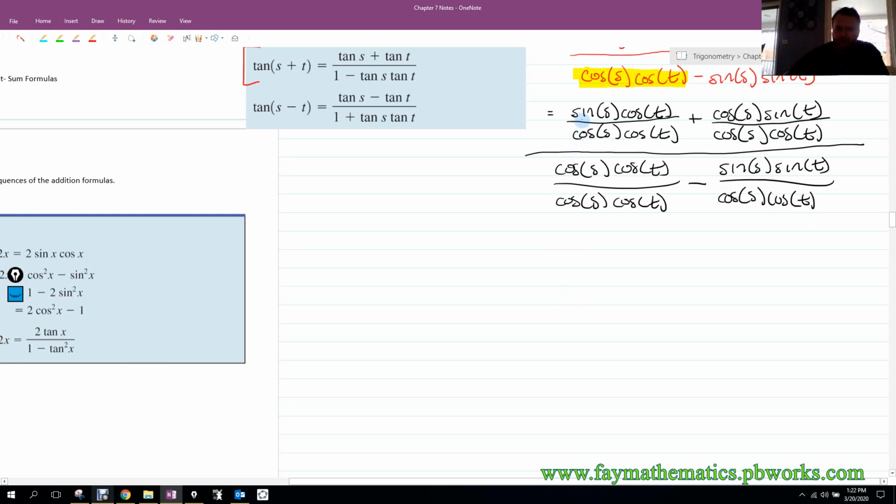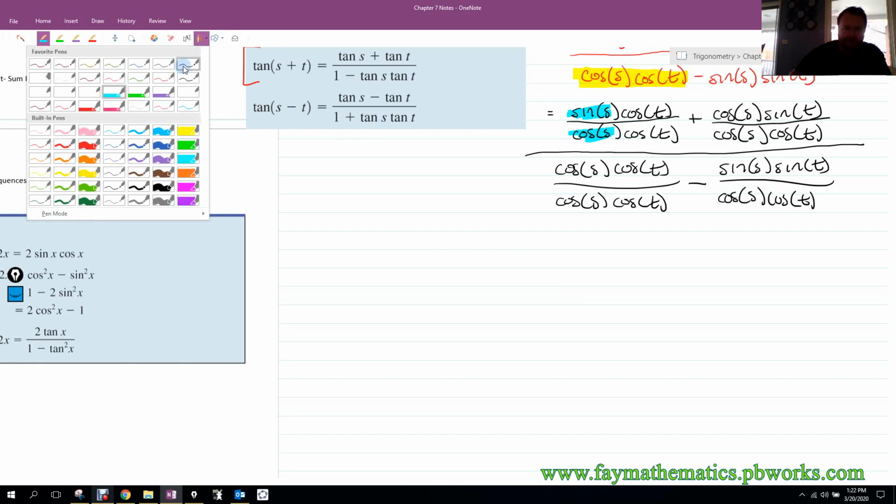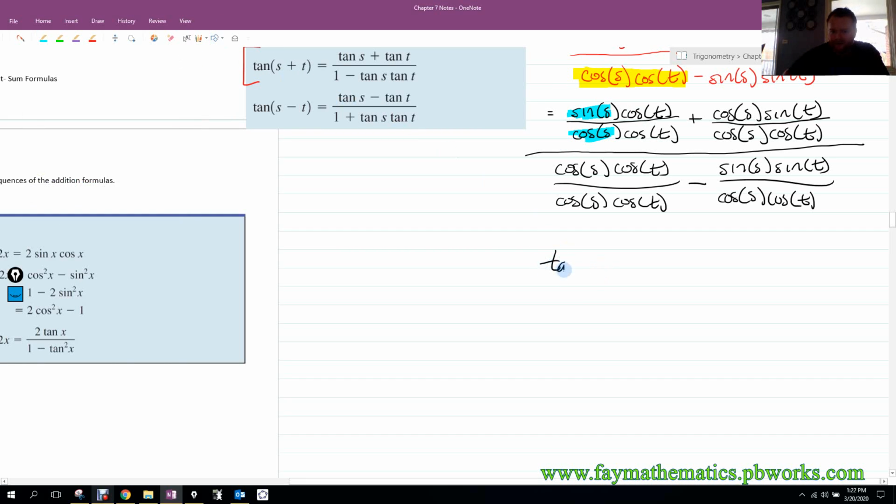Now it's just a matter of going through and recognizing some cancellations that can occur. Sine of s over cosine of s, that's tangent of s. So we're going to rewrite that as tangent of s times 1, since this here is just a factor of 1. Plus then over here, I've got cosine s divided by cosine s, so there's another 1.